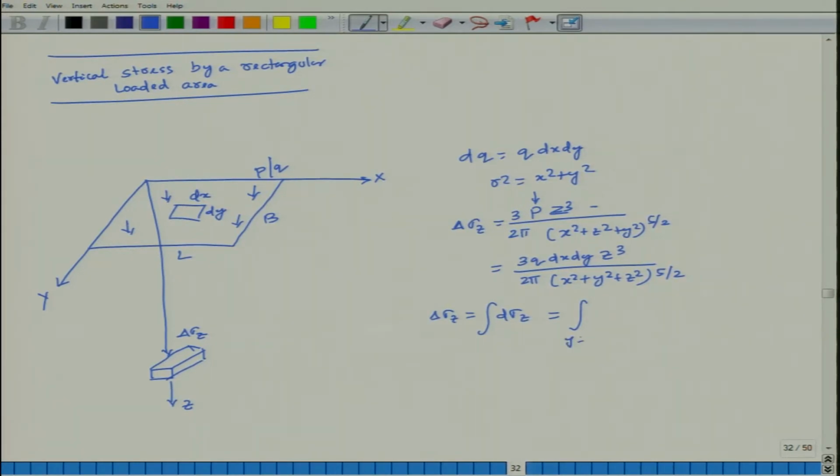So, integral of 3 q z cube dx dy divided by 2 pi into x square plus y square plus z square to the power 5 by 2 is equal to q into I. Taking out the q, I is your influence factor.